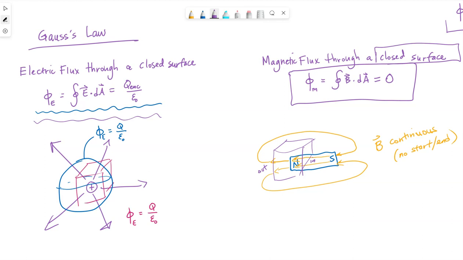Now, in and of itself, this just tells us that magnetic field lines are continuous. There's no such thing as finding a magnetic north pole by itself. So we cannot use Gauss's law to find B in certain situations. We will see Gauss's law again because it's one of Maxwell's equations, which may or may not mean anything to you right now, which is fine.